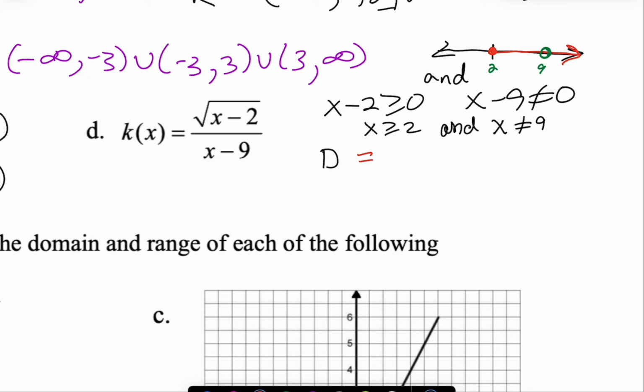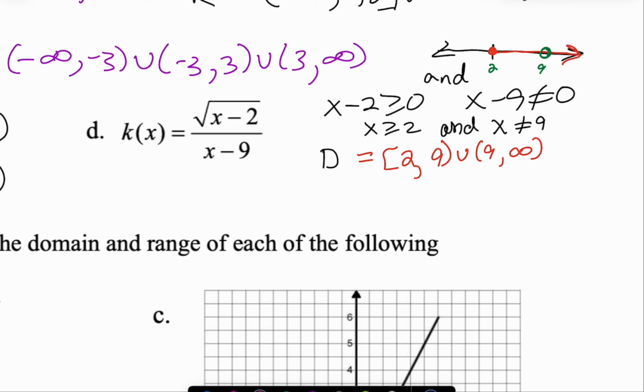So our domain will be, I can be at 2, until I get to 9, there's a hole, and we designate the fact that something messes that up by skipping it. And then we can keep on going. So that's an interesting one. So this graph should have a hole at 9. It should start at 2 and swoop to the right.